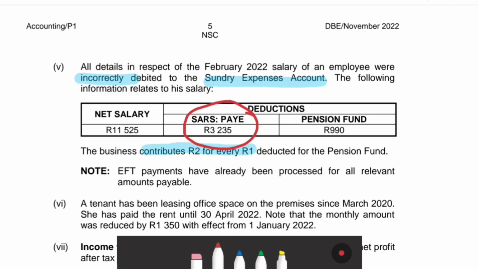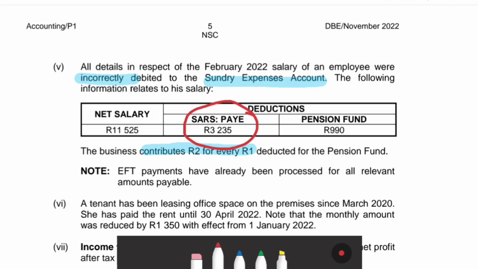So what this means is that we paid this employee the gross salary. That is the expense that we have incurred in the business. We know that the gross salary, when you take out all the deductions, you're going to get the net salary.